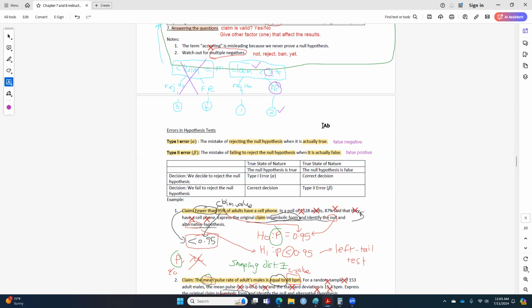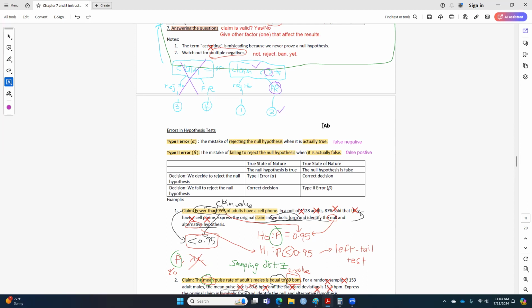What does false negative mean? Let's say you go to the hospital and take a test, a COVID test. The result can be negative or positive.